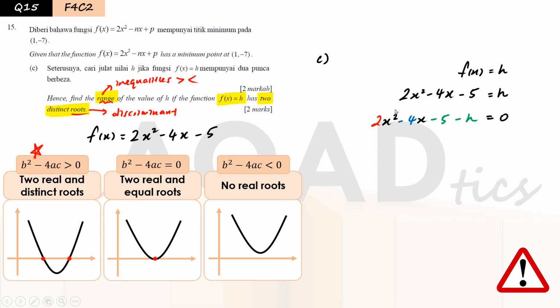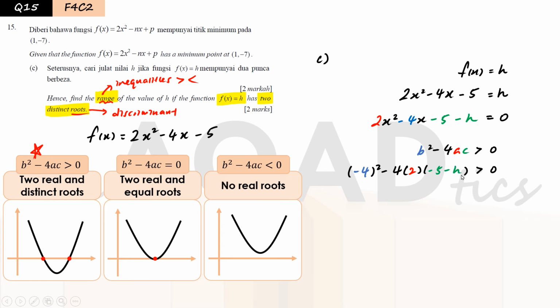Alright, so for this kind of question, we need to ensure that the right side is 0, meaning there is nothing on the right side. Everything has moved to the left side to see what is the value of a, b, and c. Okay, so let me substitute the values according to the color here. Alright, so b will be negative 4, a will be 2, c will be negative 5 minus h.